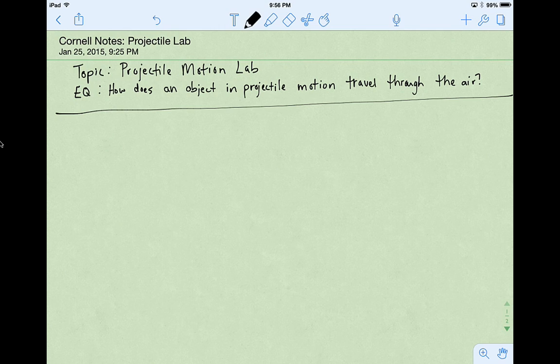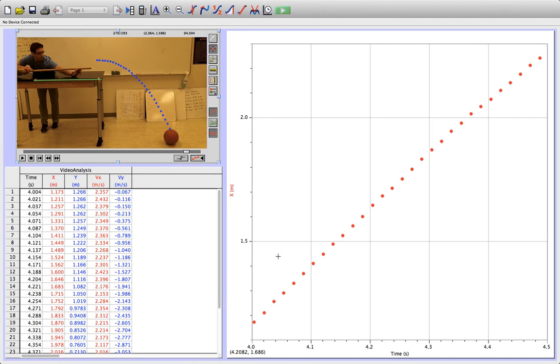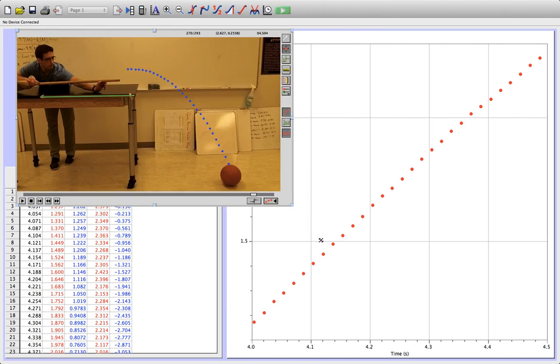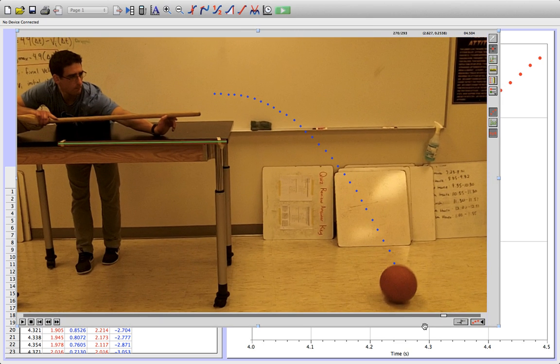So before we get started on looking at the actual lab, what I want to do is show you guys what you should have ended up with in Logger Pro. You should have ended up with something that looked kind of like this. So we should see this arc where the basketball starts off traveling side to side, and then it gets steeper and steeper as the trajectory falls down to the ground.